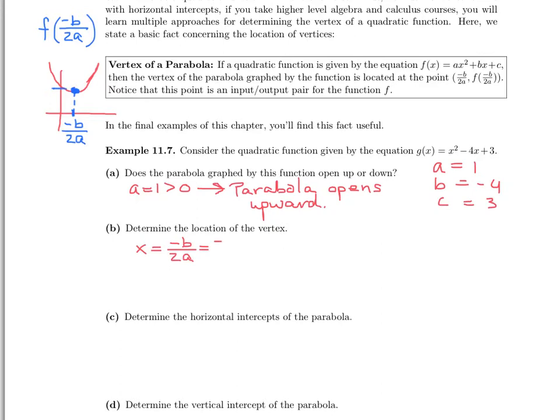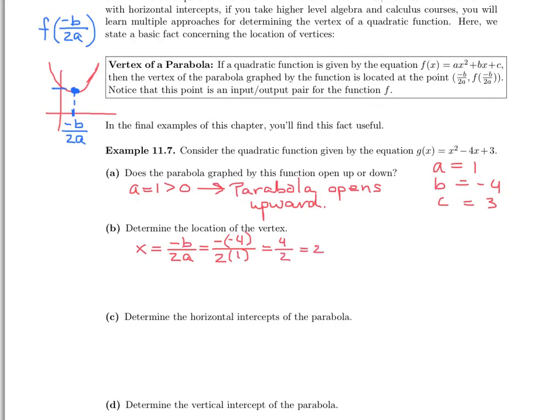B is negative 4, so it's minus a negative 4 all over 2 times a. A is 1, so we have 2 times 1. Now we simplify. The numerator is 4, the denominator is 2, and so we arrive at 2.